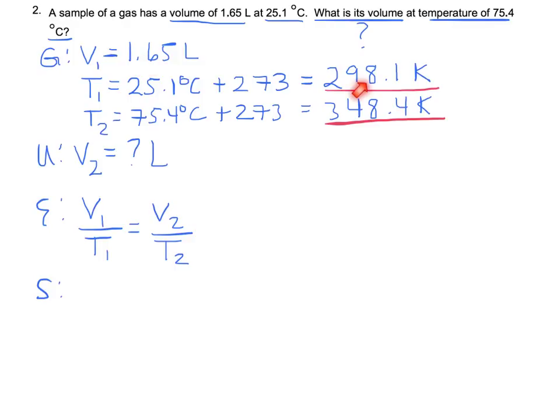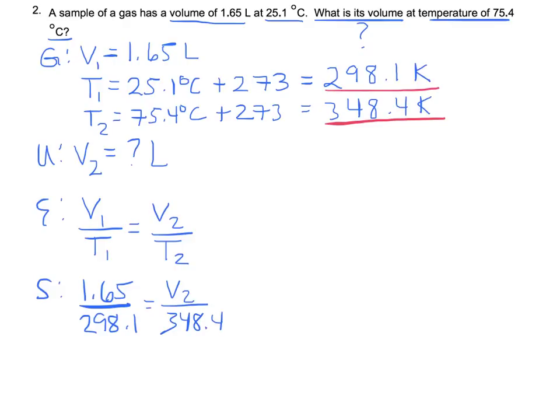Our initial temperature, remember you need to use Kelvin, is 298.1. And again, you don't have to write the units if that confuses you. And then we are looking for the final volume, so we just write V2. Please don't do a question mark or something else. Write the actual variable that you're trying to solve for. And we know that our final temperature is 348.4 Kelvin. So we put that in on the bottom.